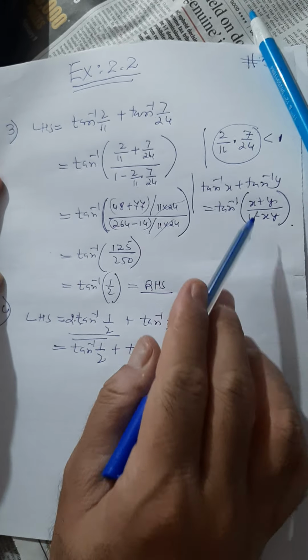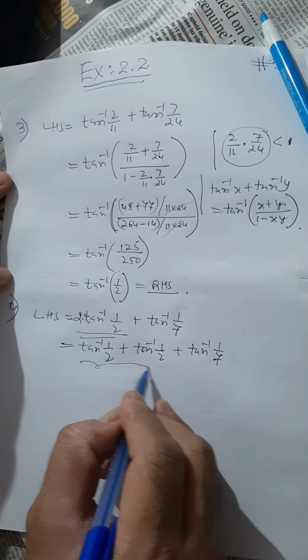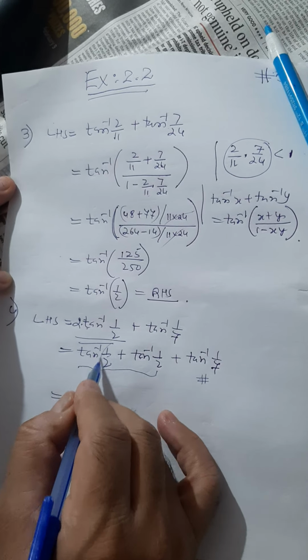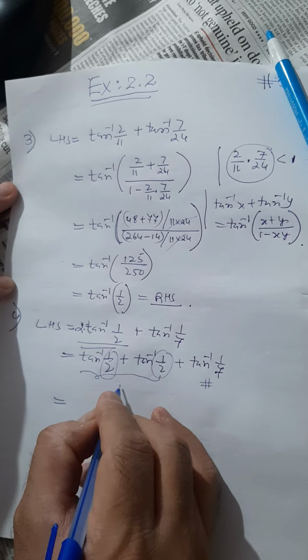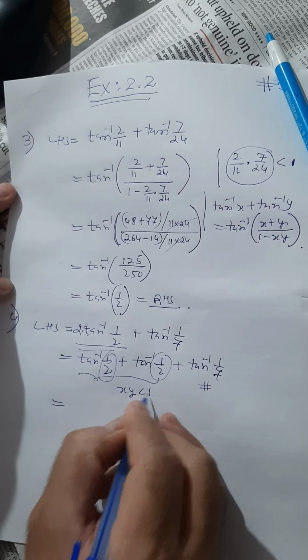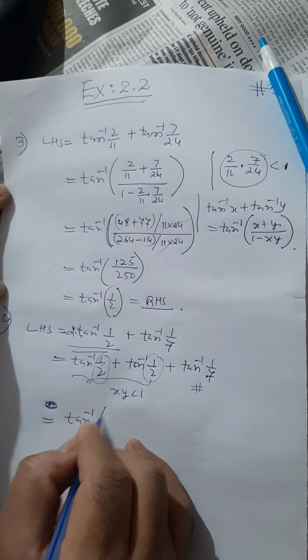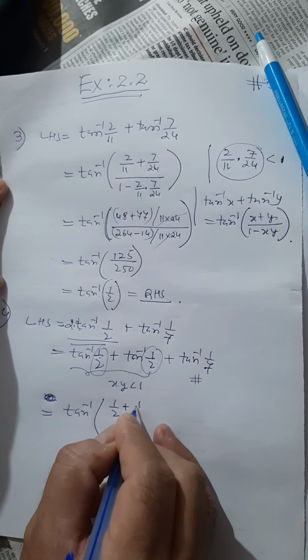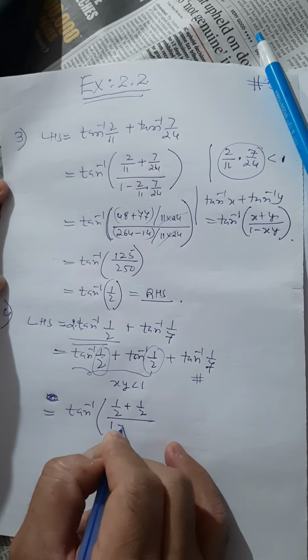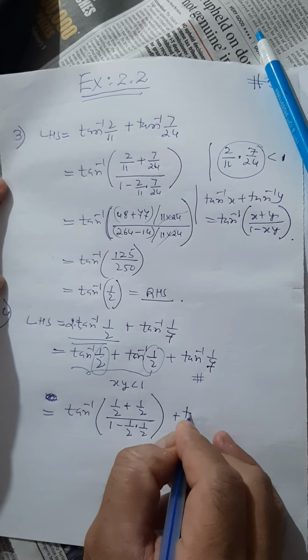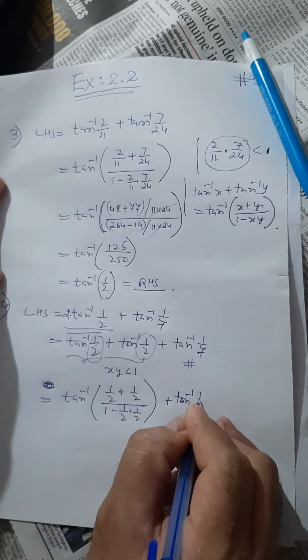Now we use this result twice. We use it first for this, and keep the other as it is. Here xy is 1 by 2 into 1 by 2, so xy is less than 1. So this equals tan inverse of (1 by 2 plus 1 by 2) upon (1 minus 1 by 2 into 1 by 2), plus tan inverse, as it is, 1 by 7.